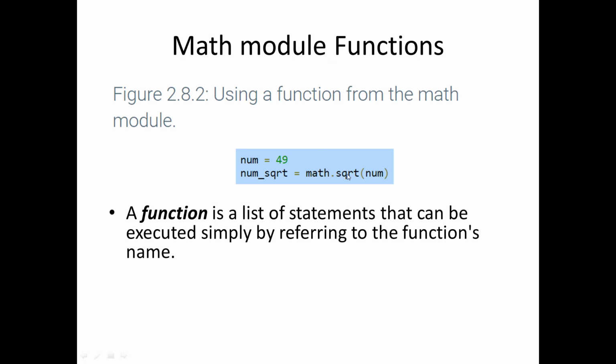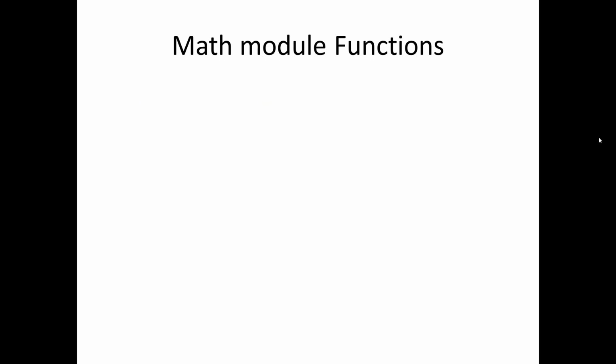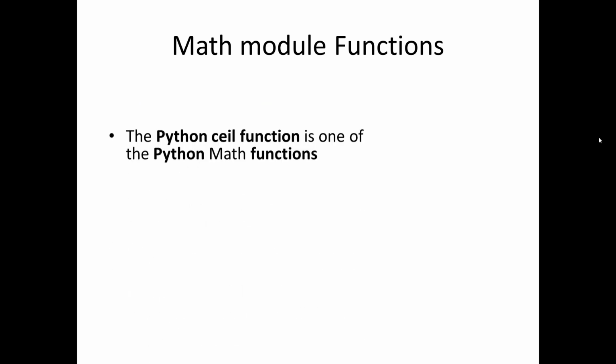So this function square root has all the calculations required to create the square root value for a number that's sent to that particular function. And the statements for square root are within the math module here. This is in section 2.8.1 of Zybooks if you want more detail.